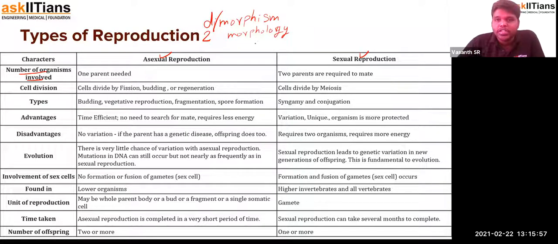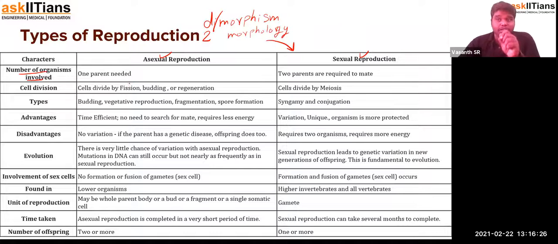This will be exhibited in sexual reproduction, and asexual is no sexual dimorphism. So there will be only one individual giving birth to the individual themselves. That is the difference between asexual and sexual. There is no sexual dimorphism; there will be no male, there will be no female. That is asexual reproduction. When there is a dimorphism of male and female, it results in sexual reproduction.